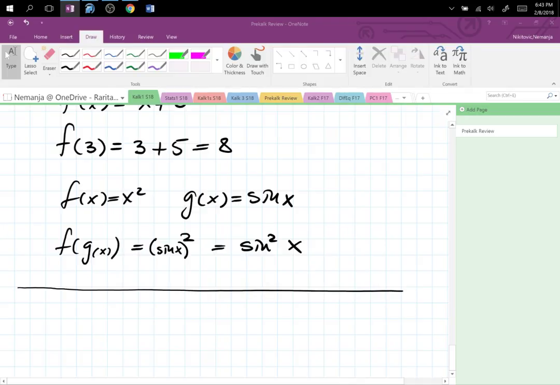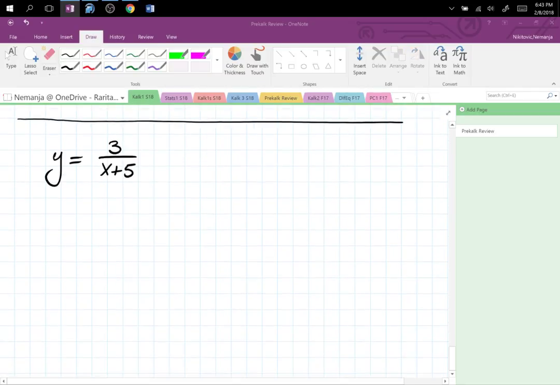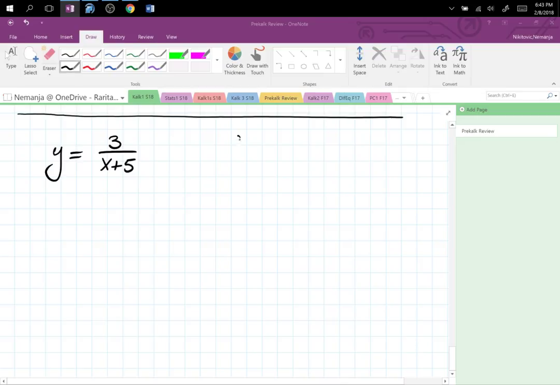Another example, I would like you to decompose function y equals 3 over x plus 5. So let's see what you can master here. So again, what is f? What is g?